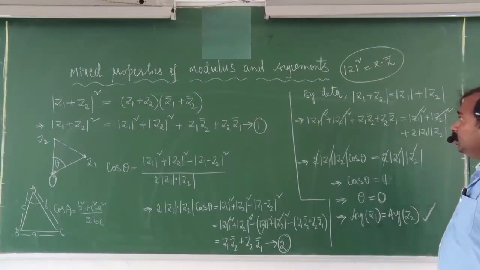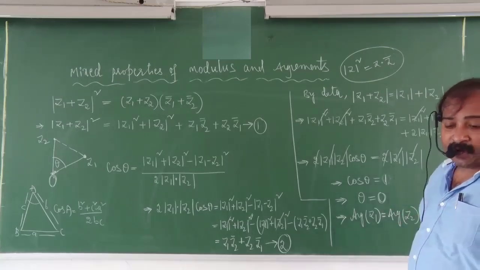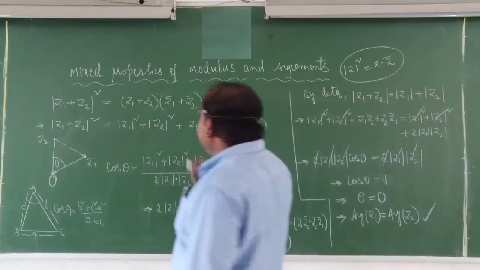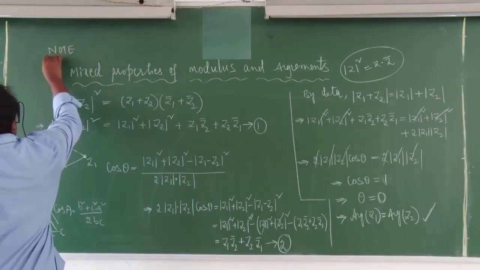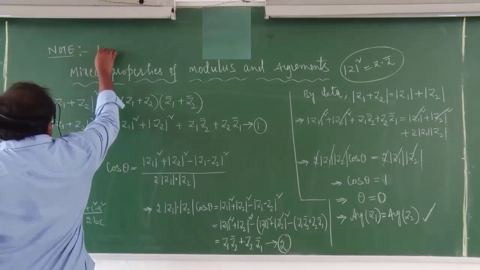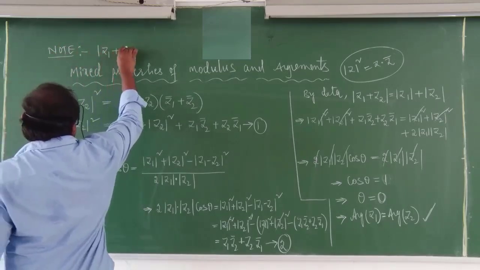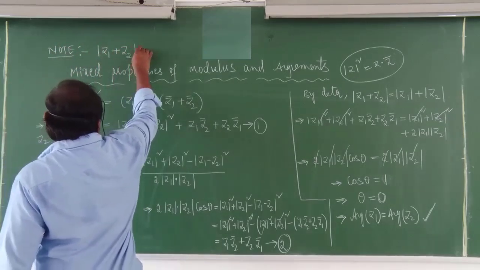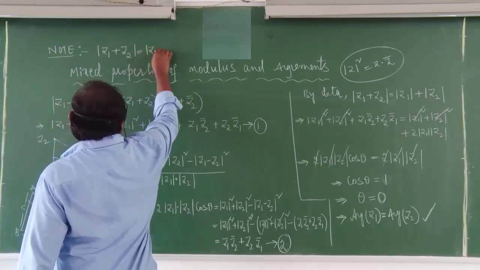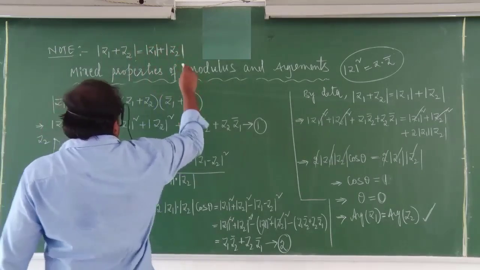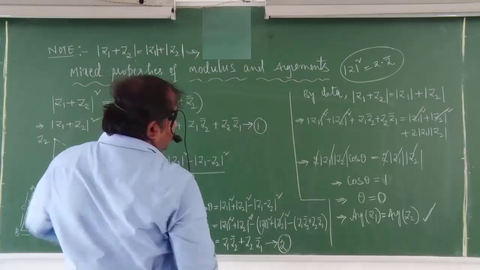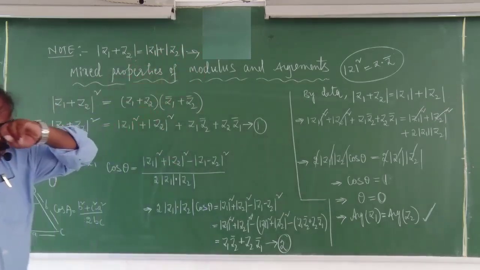So this is one very, very important point. Here you have to write it down as a note. If modulus of Z1 plus Z2 equals mod Z1 plus mod Z2, then this is the modulus relation they gave.